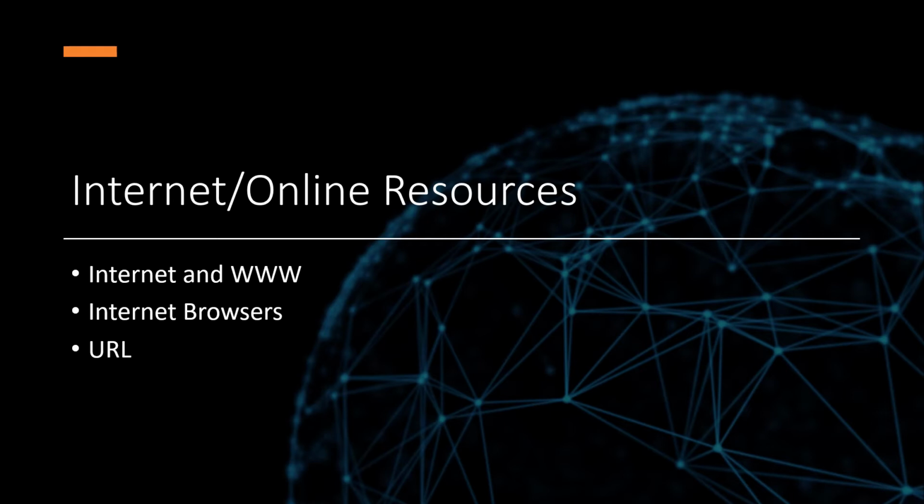Internet browsers such as Google Chrome and Microsoft Edge are the doorway to the internet. The URL is the address of the website that you're viewing, or the document that you're viewing.